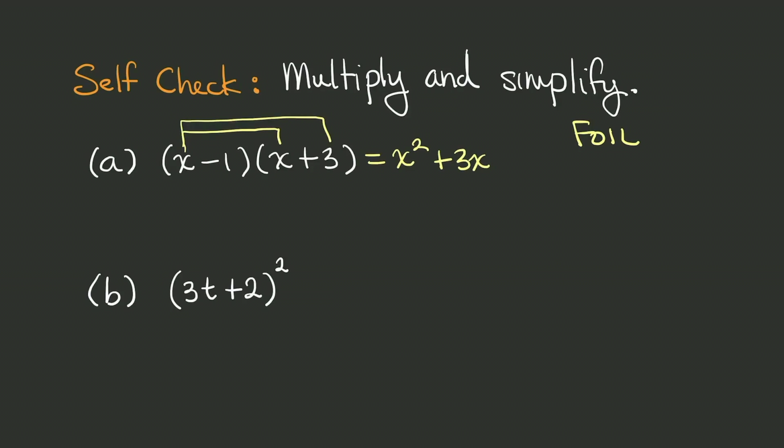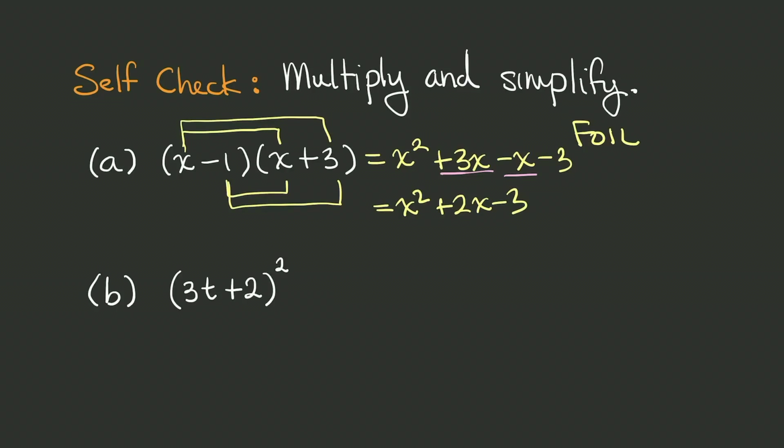Then we'll take the inner terms, negative 1 and x, which gives us negative x. And then we'll take the last terms, which will give us negative 1 times 3, which is negative 3. Now we're going to combine the like terms of 3x and minus x. That's going to give us x squared plus 2x minus 3.